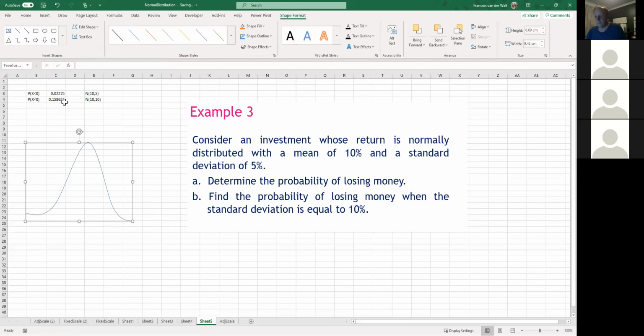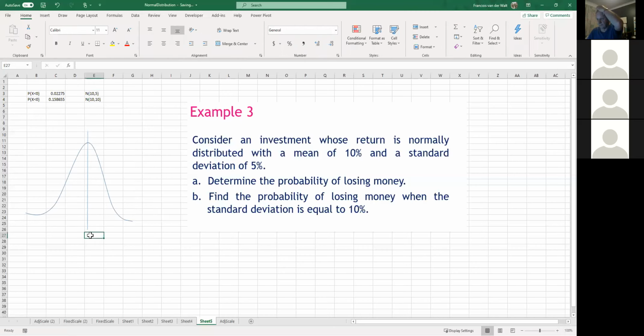So what does this mean? In this particular case, we know that the mean is 10% and the standard deviation is 5.